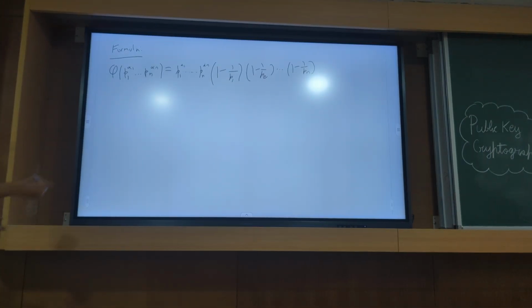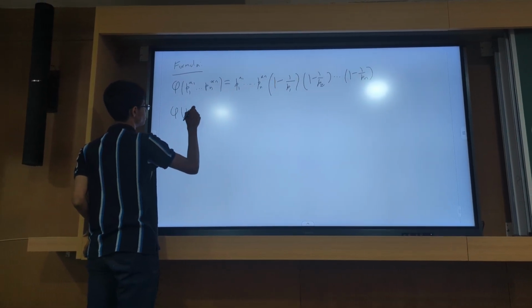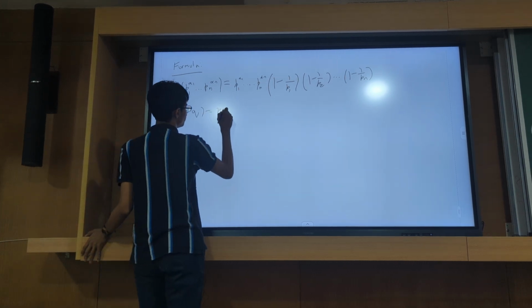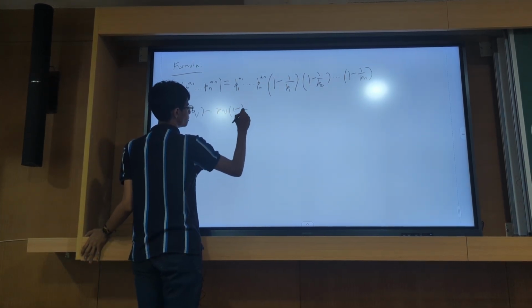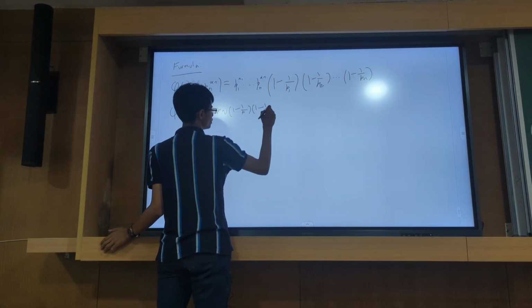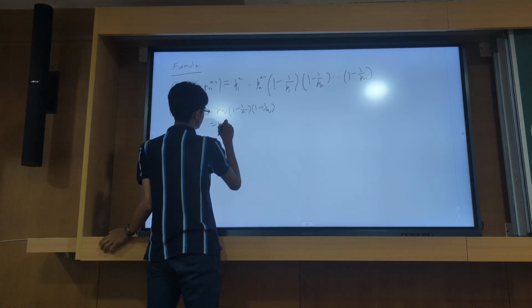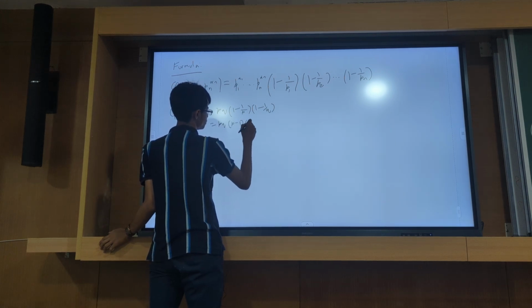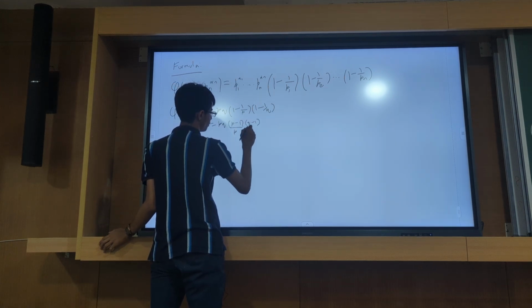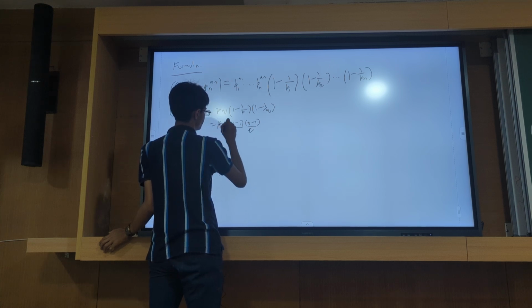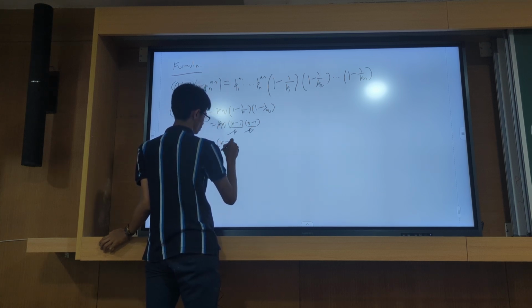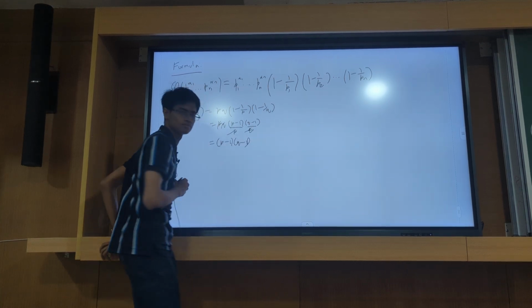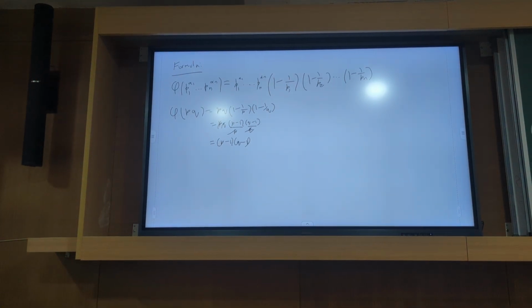So if you apply this to phi of pq, this will be pq times 1 minus 1 by p times 1 minus 1 by q, which equals pq times p minus 1 times q minus 1 by p times q. The p and q cancel out, and you get p minus 1 times q minus 1.